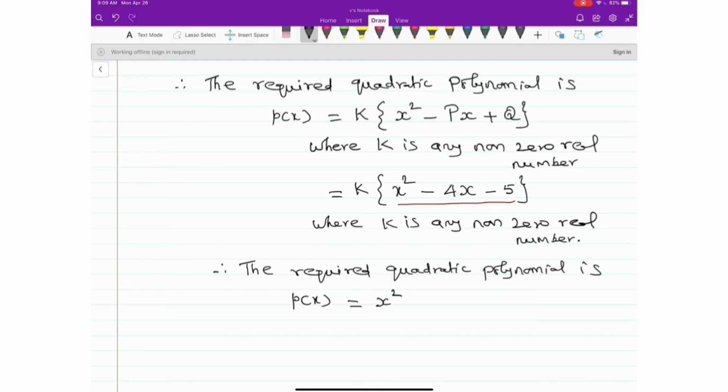You have to conclude your answer at the end. Answer, just rewrite the same statement.